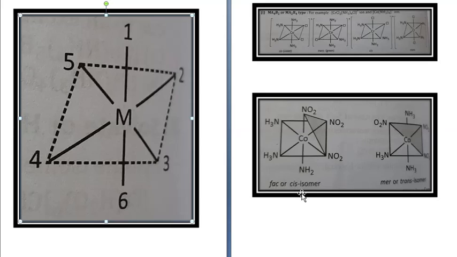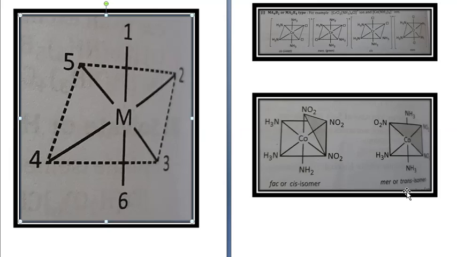But if you look here, 1 NO2 is here, second is here and third is here. So they are occupying places at the square plane, 1, 2 and 3. Alright, so this is known as meridional or trans isomer.